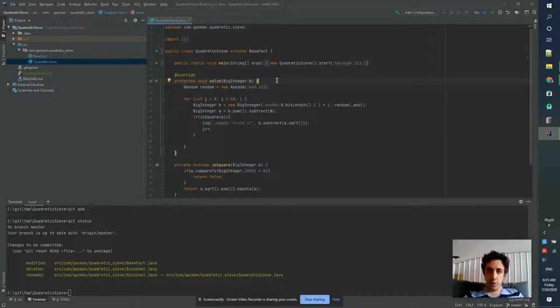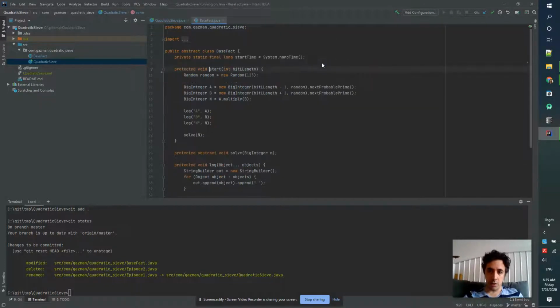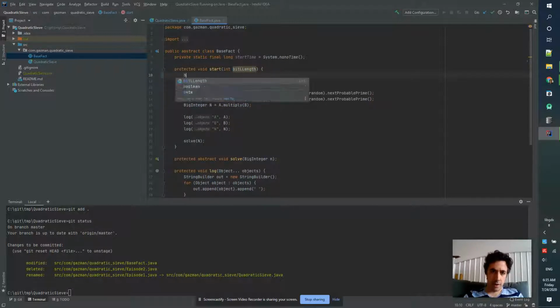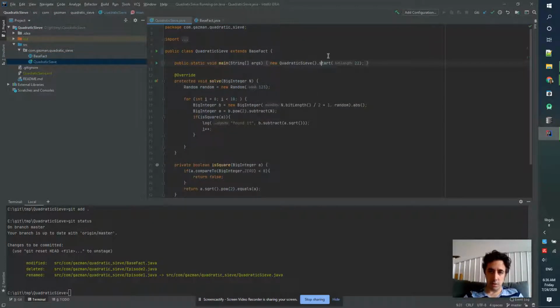First, I want to do a few changes from last episode. Instead of looking into bit lengths of squares, let's change it to be a bit length of n, like that. And now it's 44.